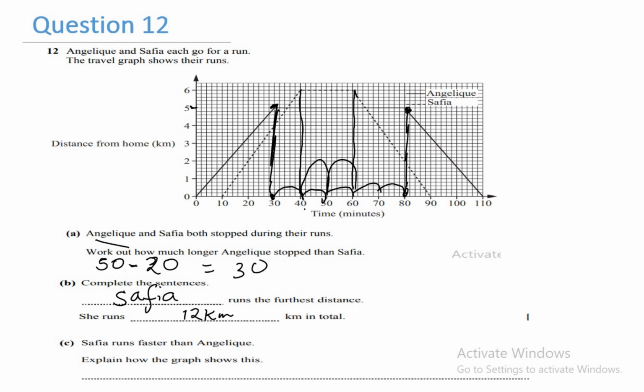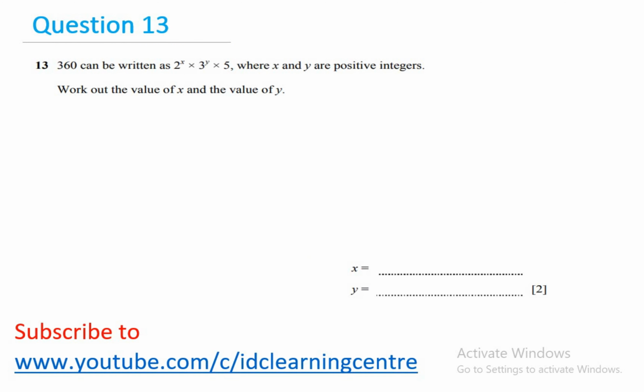Now the C part of the question. Sophia runs faster than Angelique. Explain how the graph shows this. So in the graph, we can see that it took Sophia 80 minutes to cover 12 kilometers and Angelique covered 10 kilometers in 110 minutes.